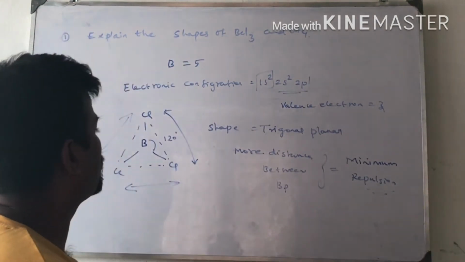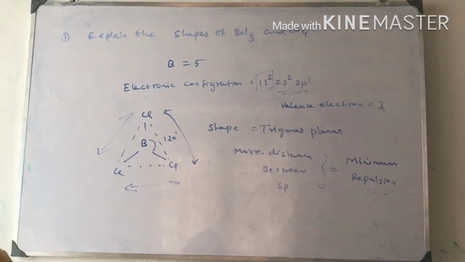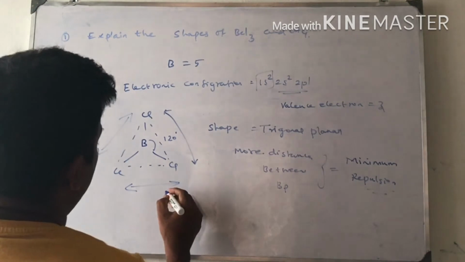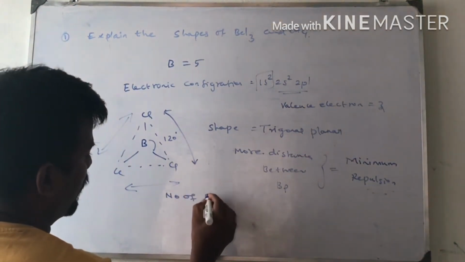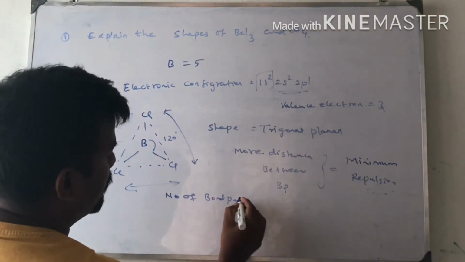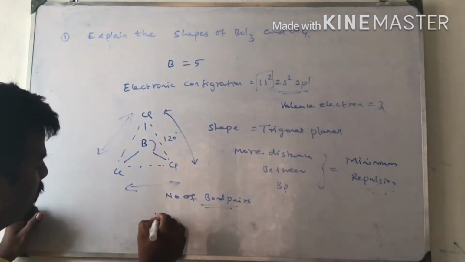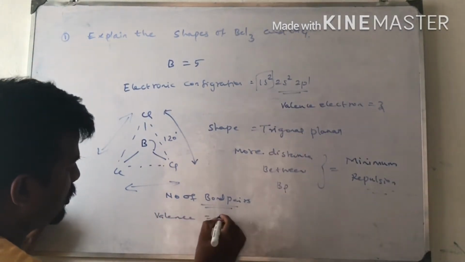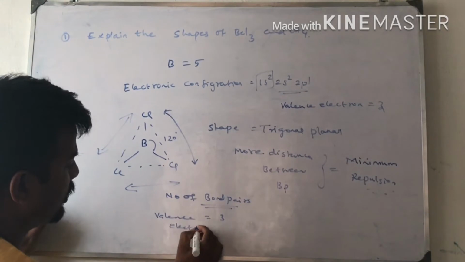Next, I am going to find the number of bond pairs in BCl3. Valence electron equals 3, right?